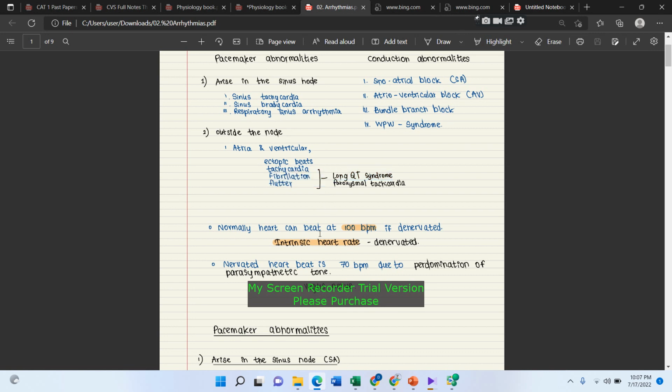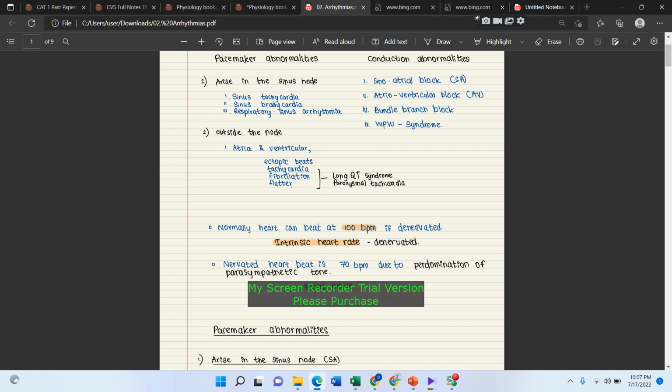Normally, the heart can beat at 100 beats per minute if denervated. Denervated means the heart, within the SA node alone, can maintain a heartbeat of 100 beats per minute. Otherwise, it is in the range of 60 to 100 beats per minute because of the effect caused by the sympathetic nervous system and the parasympathetic nervous system.